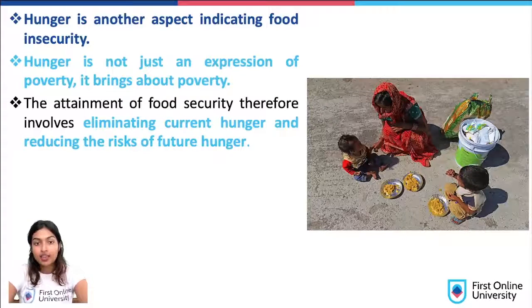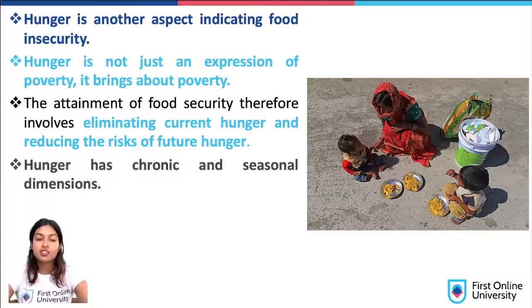When you can tell that a country is working for its food security, that means you need to firstly rule out hunger there, and all the consequences that hunger brings.